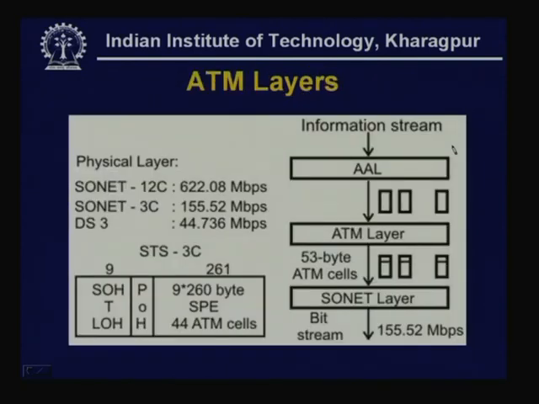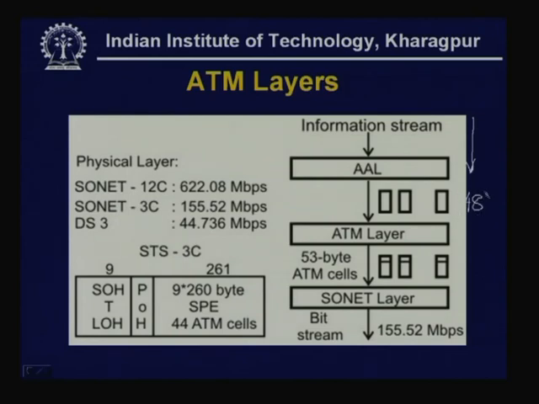And here it shows the functionality of the different layers and how it actually happens. The information stream is coming from the upper layer. The AAL layer does the segmentation of the frames in terms of 48 bytes.